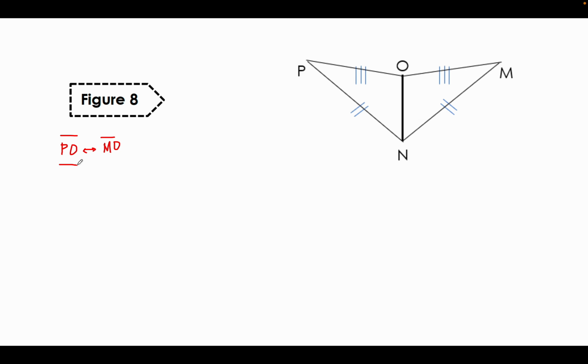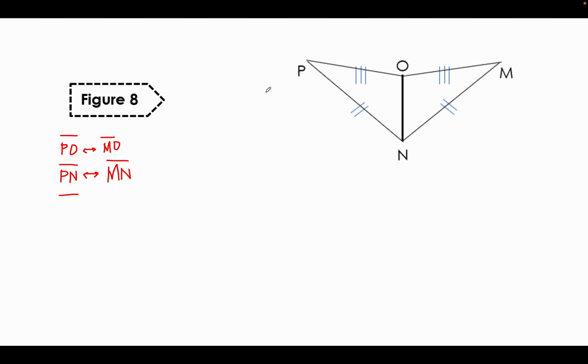Another side, anyone? Side PN. Side PN, okay, corresponds to what side? Corresponds to side MN. Side MN, okay? And we need one more. What side? PM, sir. We have PM.